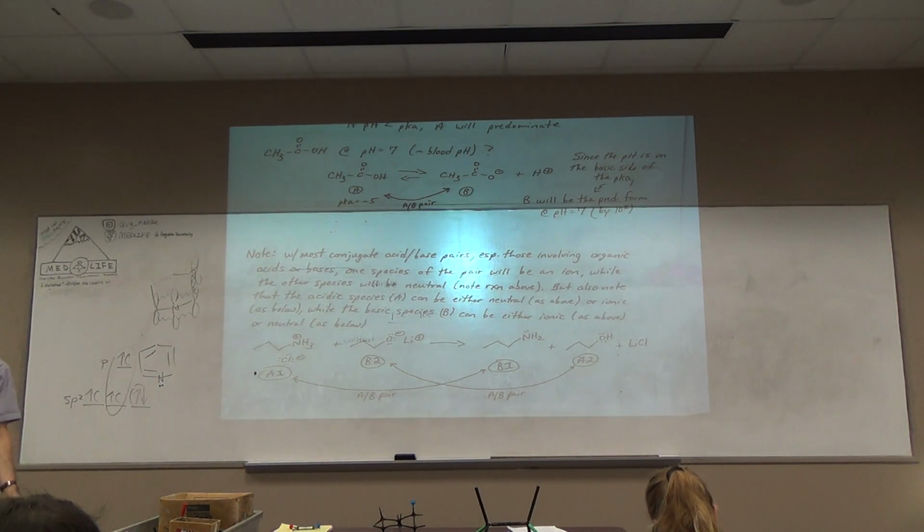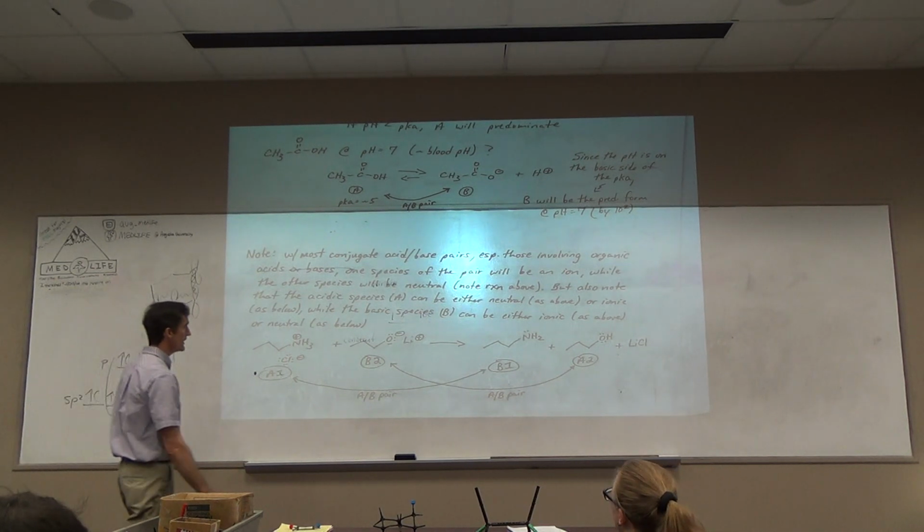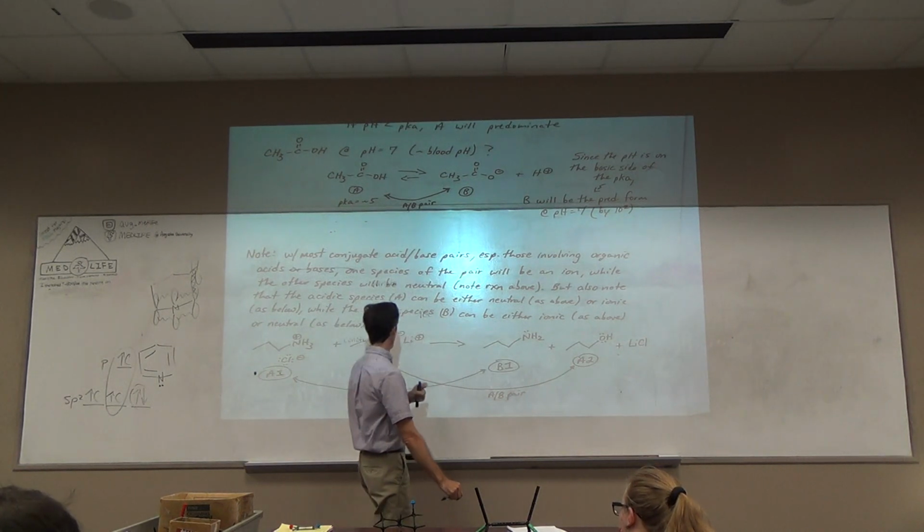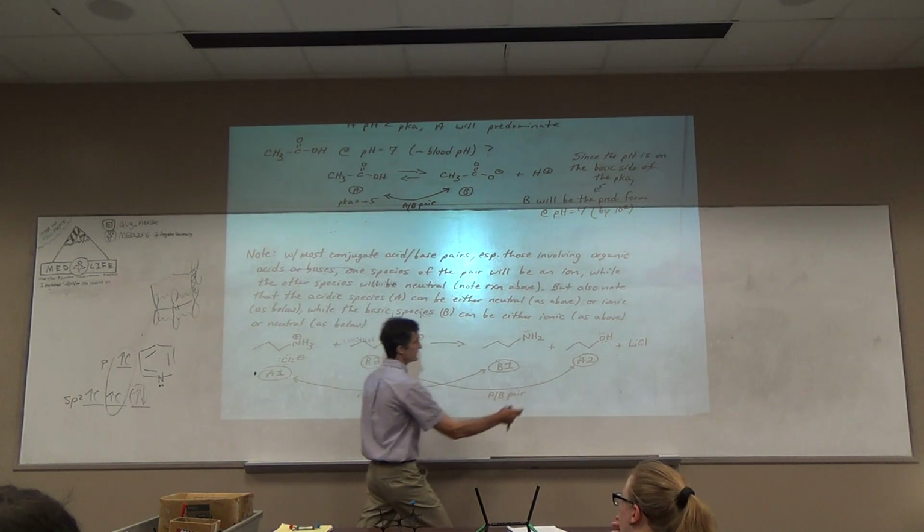But in organic chemistry, usually we don't see many 2 minuses or 2 pluses. In organic chemistry, any acid-base pair is usually going to be a neutral and an ion, as opposed to an ion and a double ion. So for me, a conjugate acid-base pair is usually a charge and a neutral.